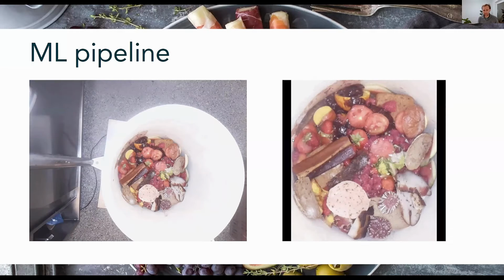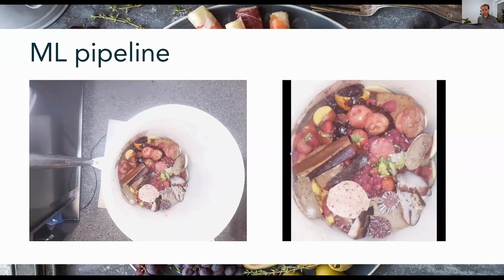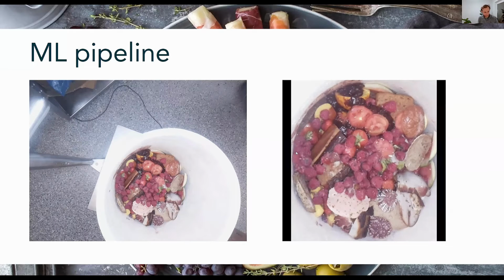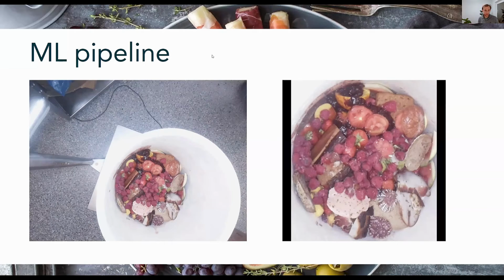We have really big datasets. We get up to 20,000 to 30,000 images per day, maybe even more. It depends if it's Christmas or a Sunday. And so we managed to train our models really well.